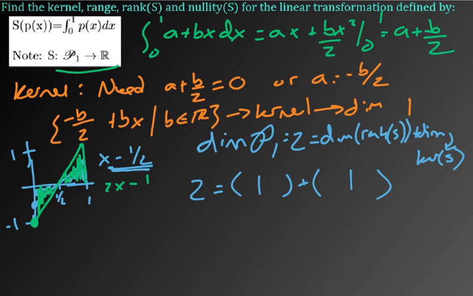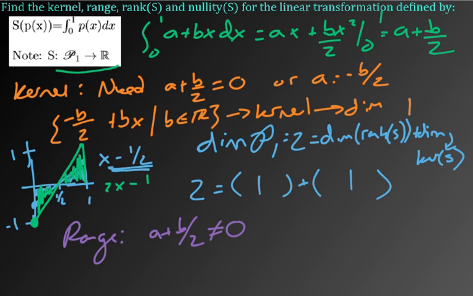They are the same. To describe the range, the range is just basically a plus b over 2 that doesn't equal 0. Anything in that set.